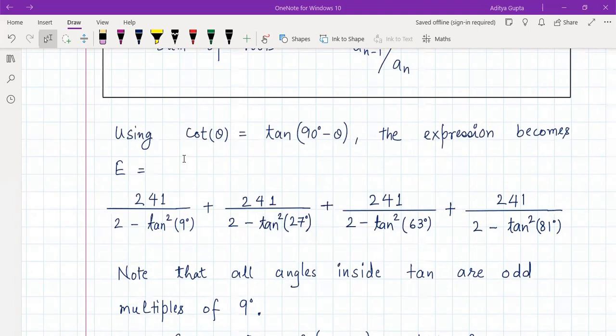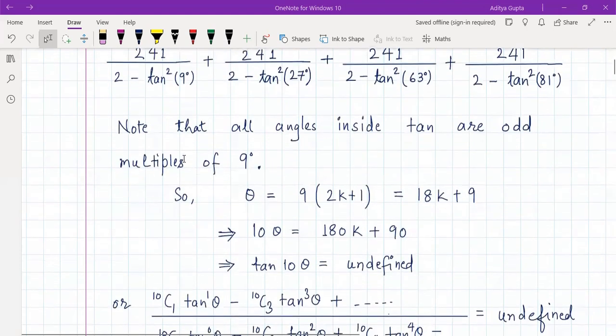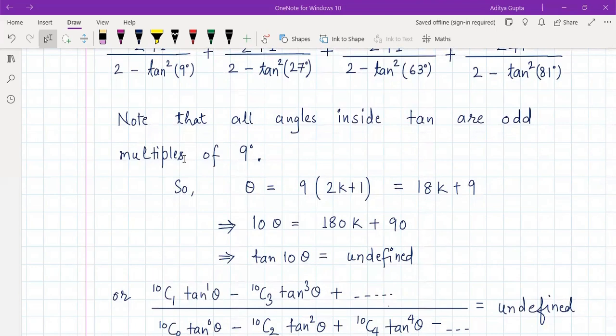Okay. Now what we observe about these angles 9 degree, 27 degree, 63 degree, 81 degree is that all of them are odd multiples of 9 degree, right? So all of them satisfy theta equal to 9 times (2k plus 1) for some integer k. So it becomes equal to 18k plus 9. Now it is quite obvious that at this point we should multiply by 10.